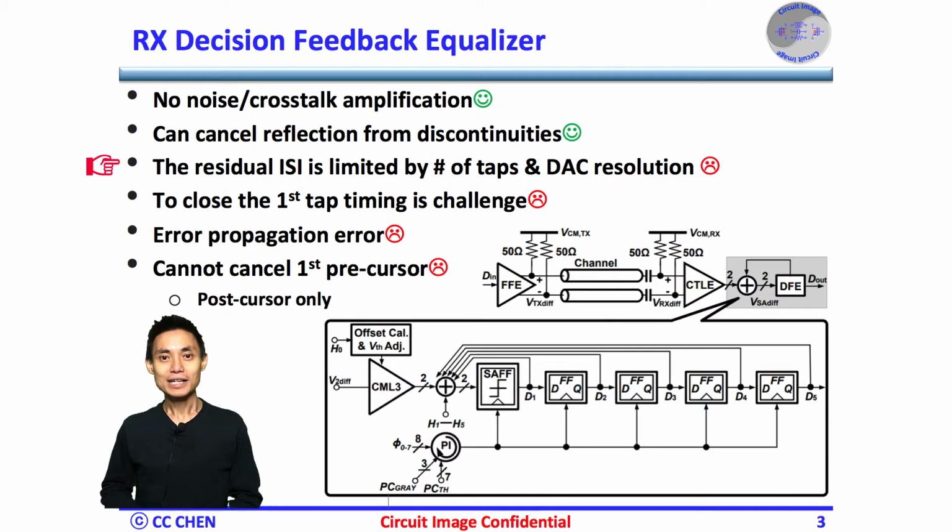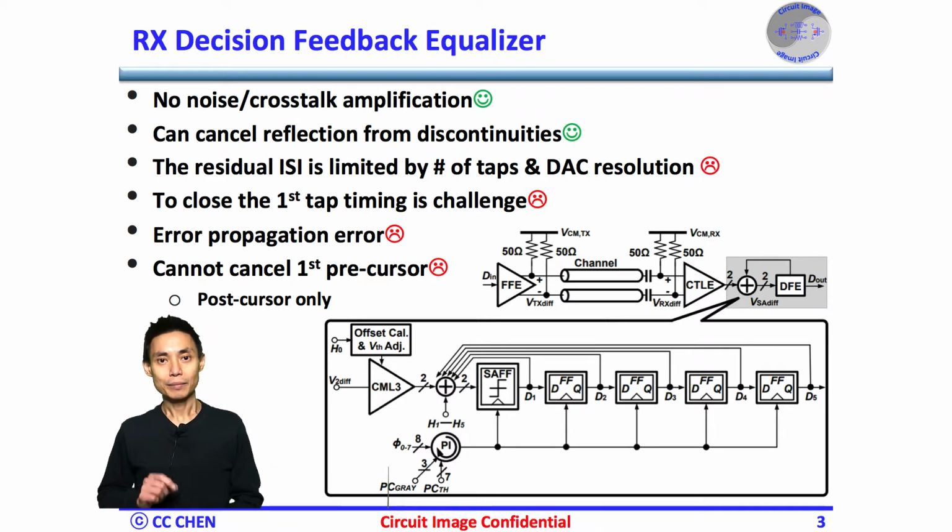Although the residual ISI might be limited by the number of taps and depth resolution, this could be manageable. The most challenging part is to cross the first tap timing, and we'll discuss that in detail. Please be advised that the DFE must make the right decision to cancel the reflection or ISI.